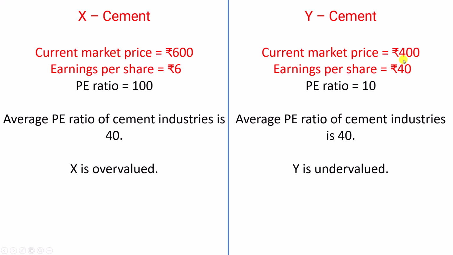I mean, they believe, but they are not so hopeful about the company. So they are not willing to pay more to buy the shares. Here people are willing to pay only 10 rupees to earn 1 rupee. Okay. So that is one way to understand it.